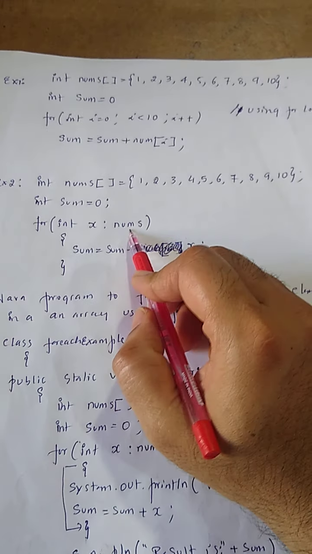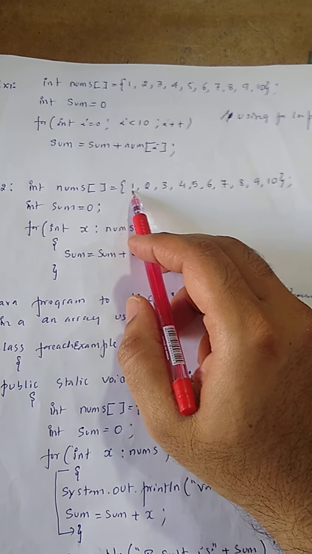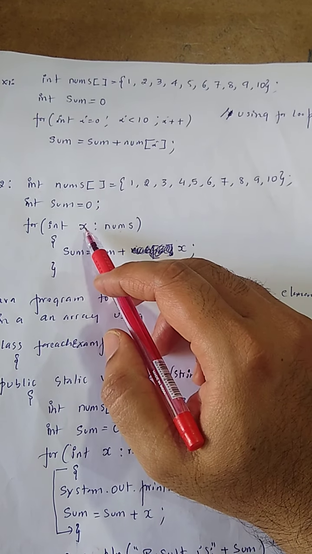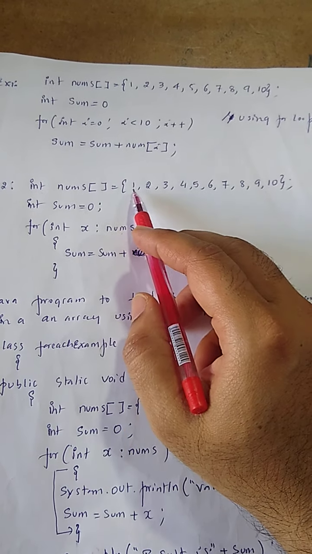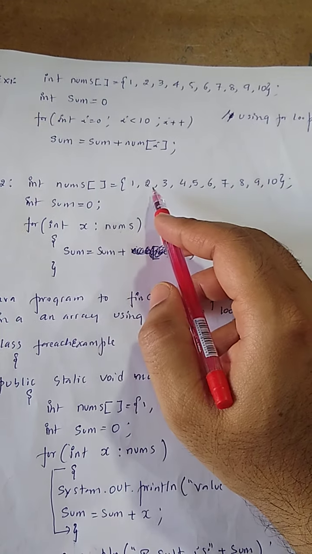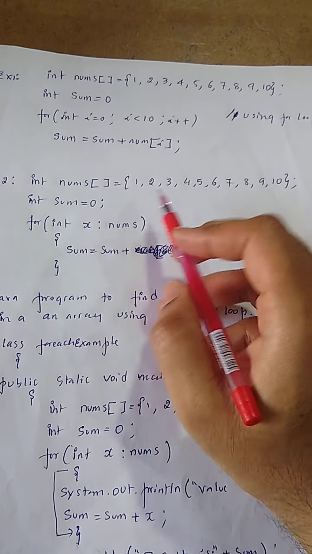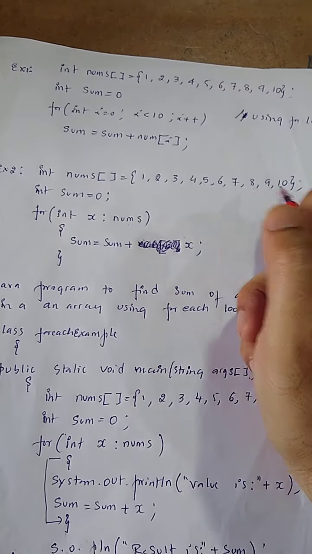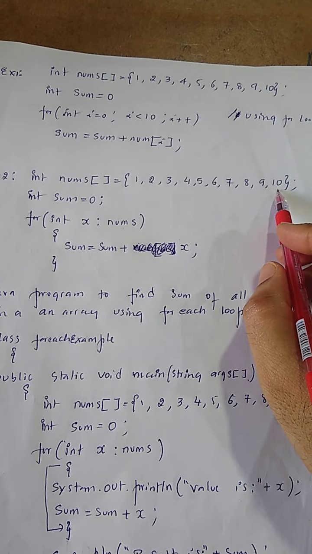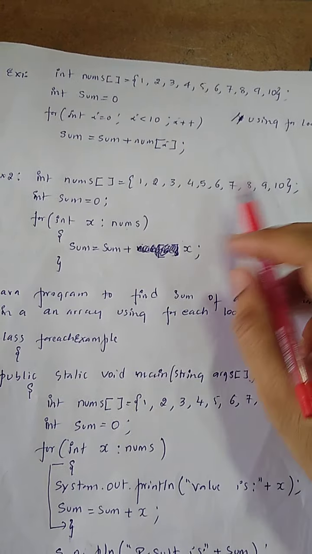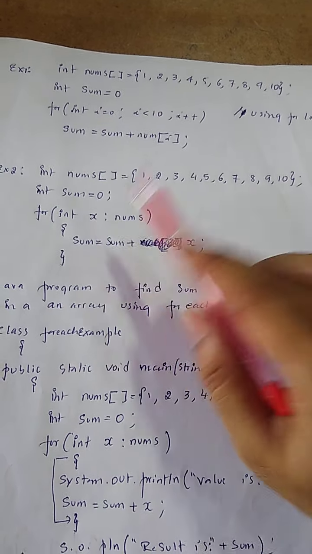Now this x will be assigned one value from this array in each iteration. In the first iteration it will assign 1, in the second iteration 2, then 3, 4 and 5, up to the last element, 10. Whenever there is an element within an array or collection, it will be assigned to variable x in each iteration.